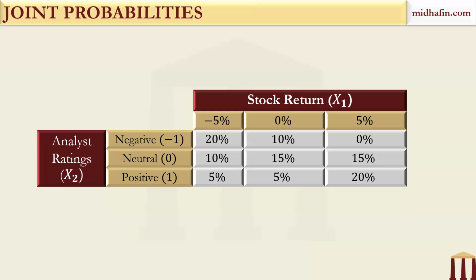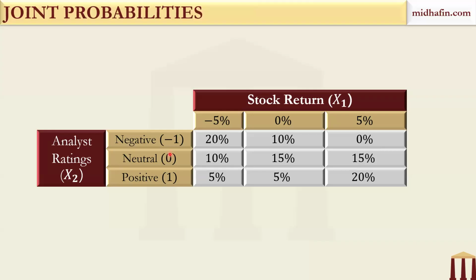In this case, we are seeing that the return on any company stock can be related to the rating given to the company by the analyst, and we are assuming that only three possible outcomes can occur in terms of returns. Also, only three possible outcomes for analyst ratings.